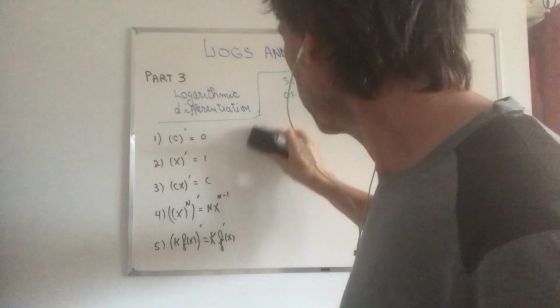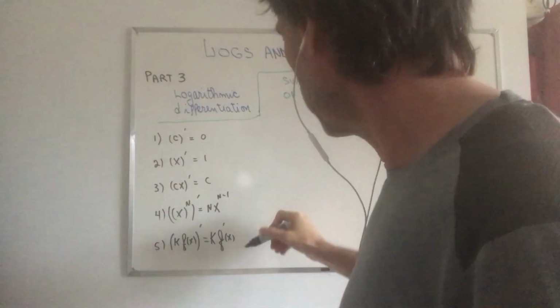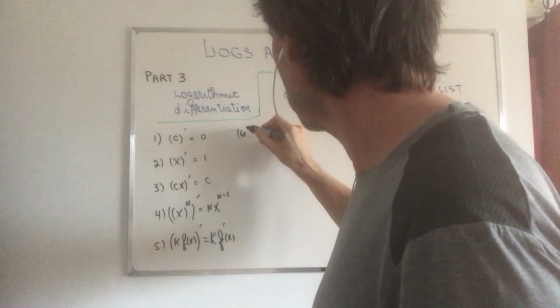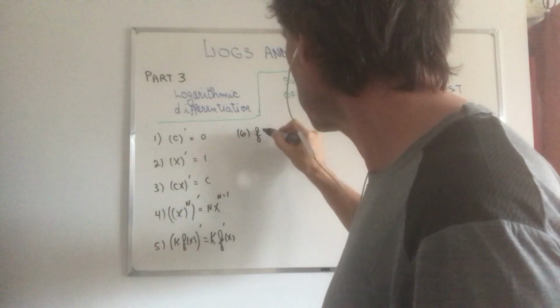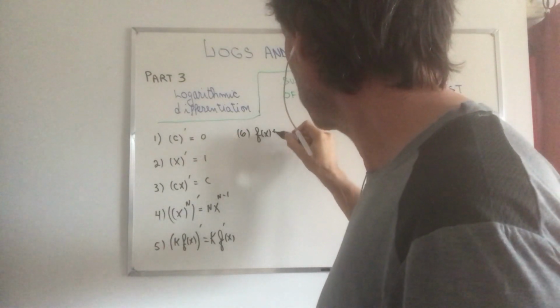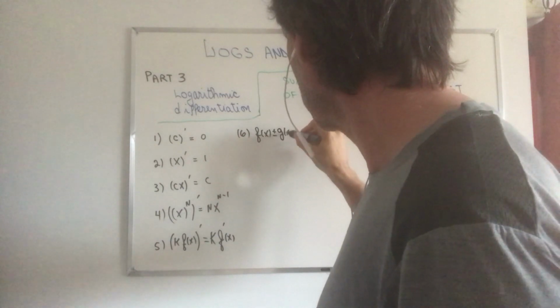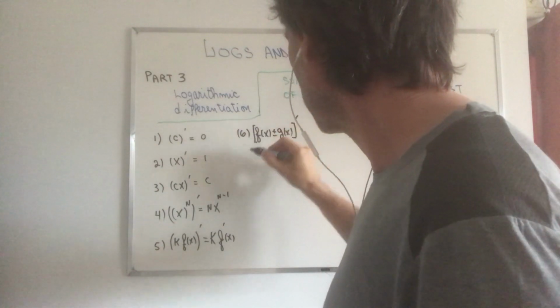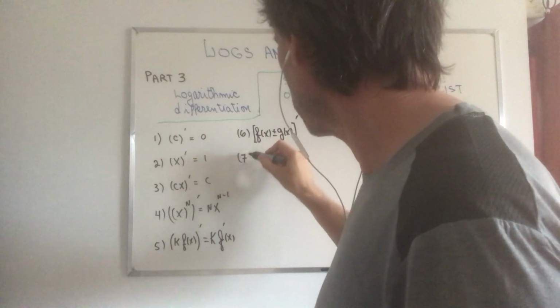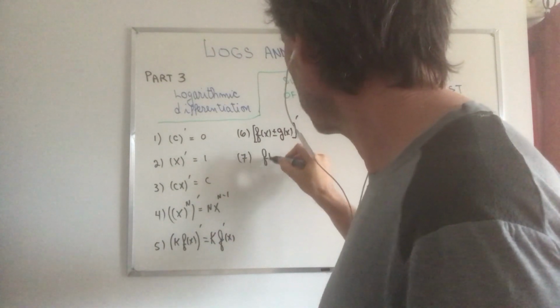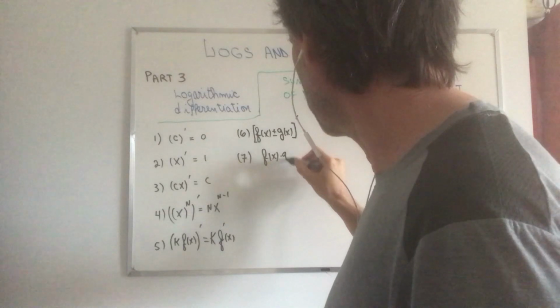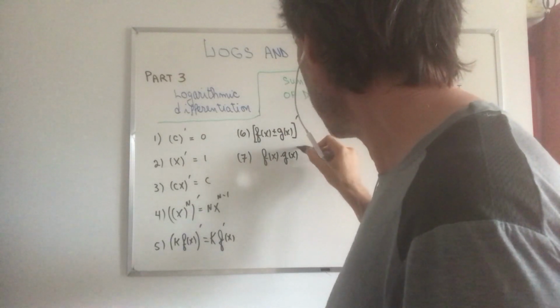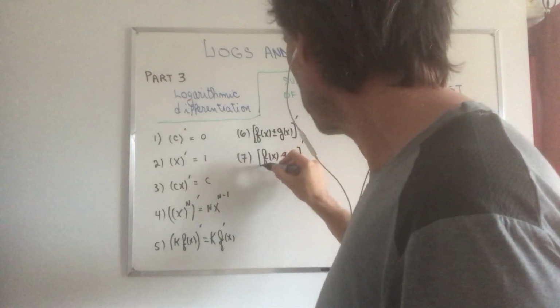Then we have rule 6. Move it a bit to the left here so I have enough space. Rule 6, this is f of x plus or minus g of x, the derivative of that. And then rule 7 was the product rule. We've used that abundantly. Then rule 8.